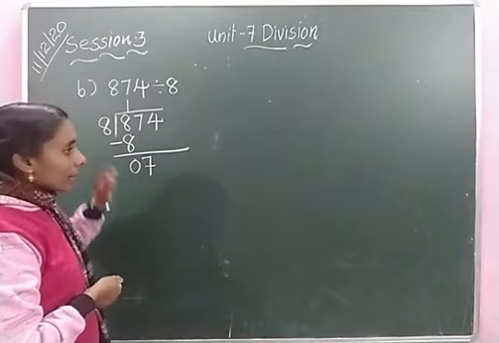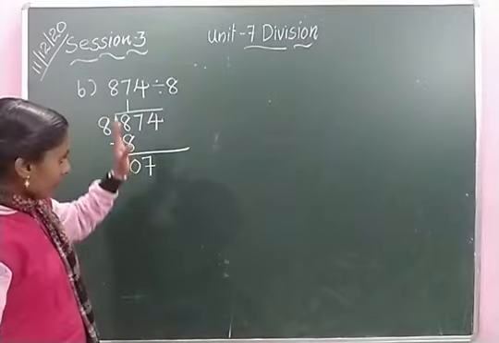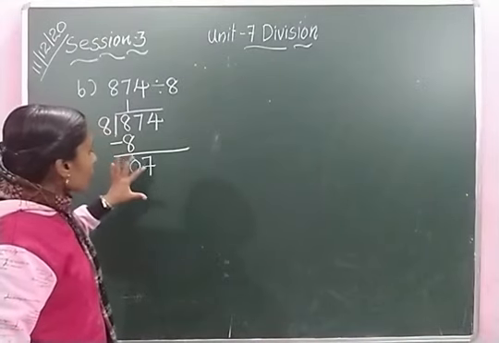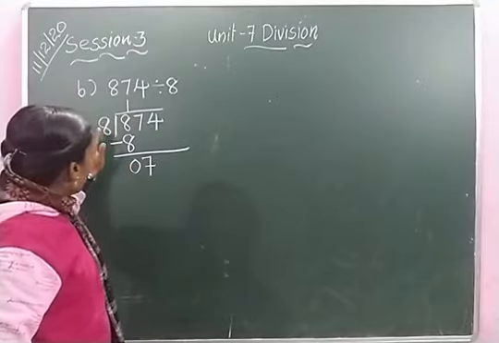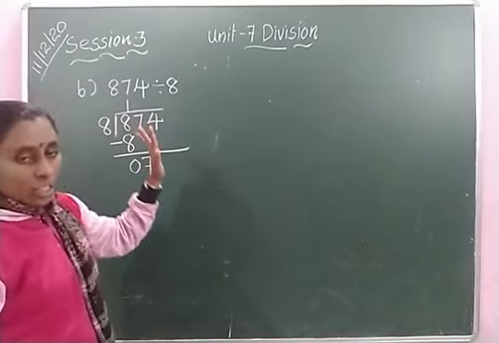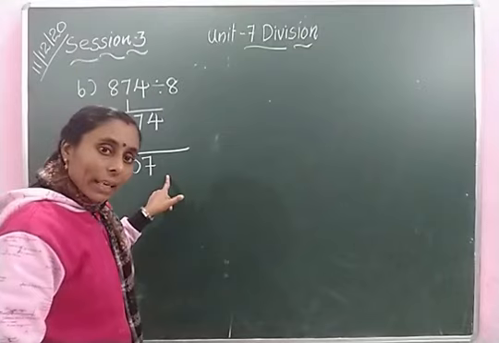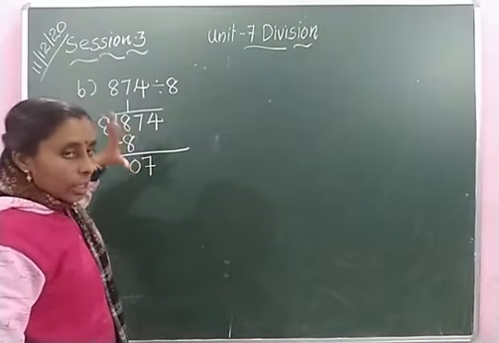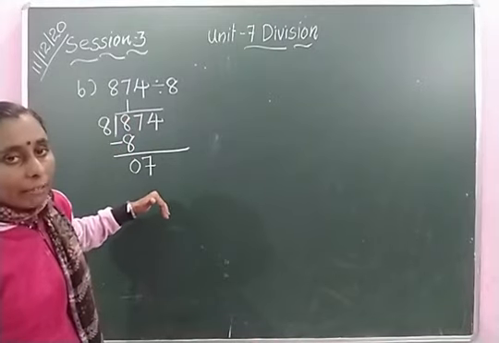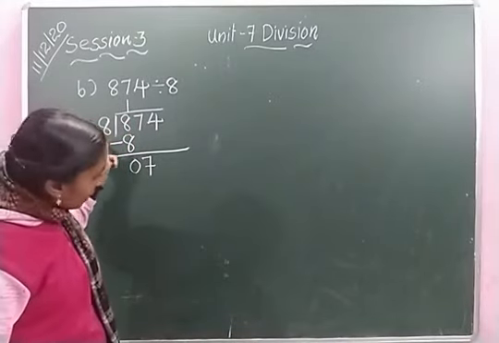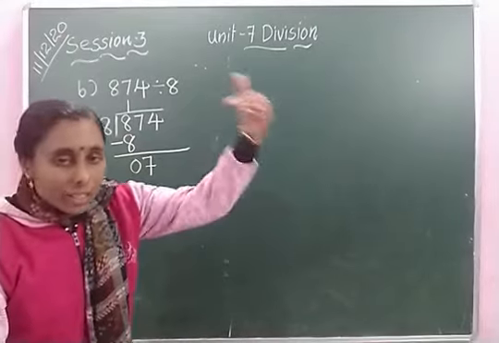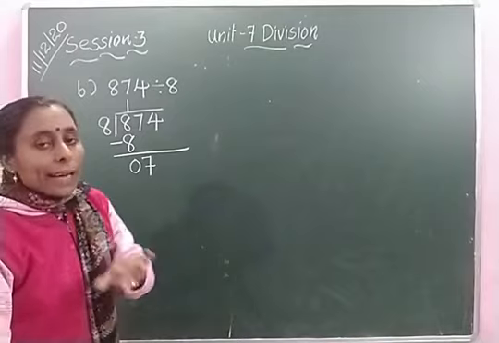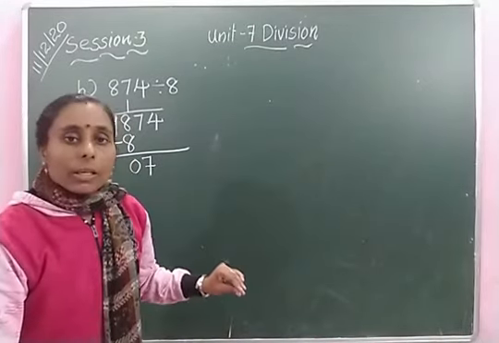This 7 is smaller than 8. Just before, I told you that if the number is smaller than the divisor, we can take the next number. But in this case, we cannot take it because this 7 has come down from the dividend. Here 7 is smaller than 8, which means there is no 8 in 7.